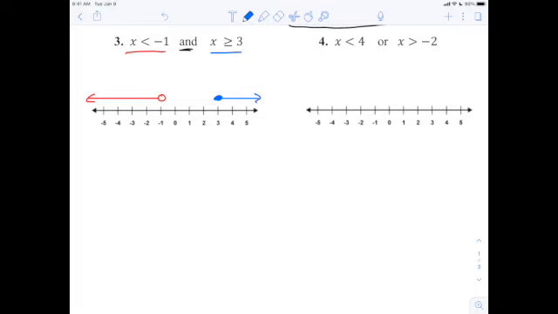Where are the numbers that are true for this and that? Are there any numbers that are less than -1 and greater than or equal to 3? No, and as you can see, these numbers never overlap, which is what you're looking for with and. If there's no overlap, that's the way of telling you that there's no set of numbers that are true for both of these, meaning there's no solution.